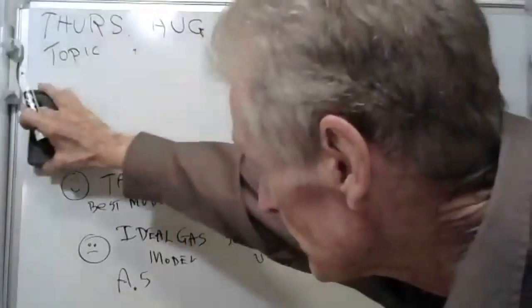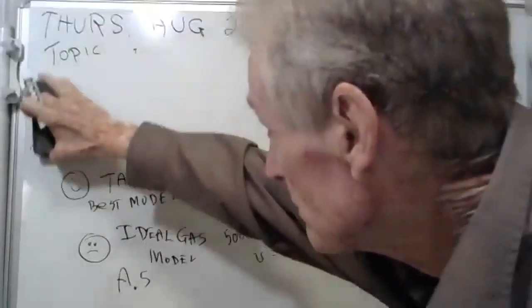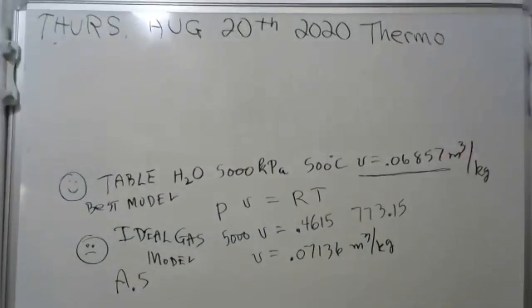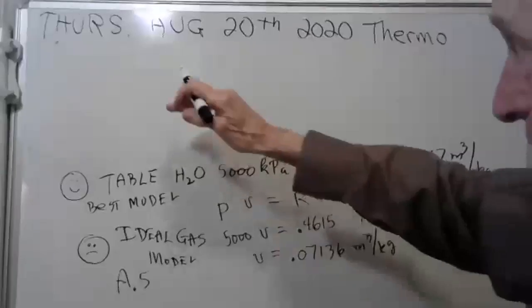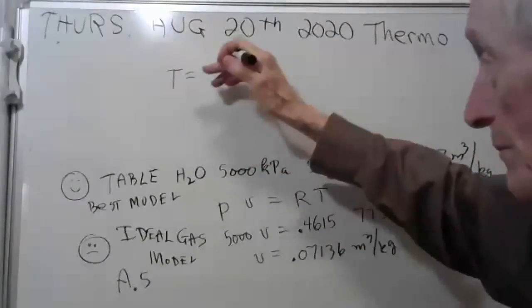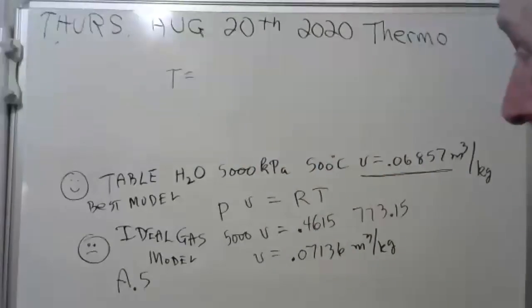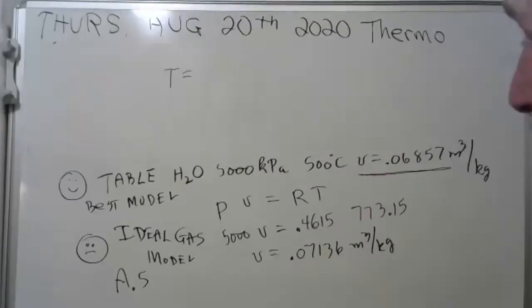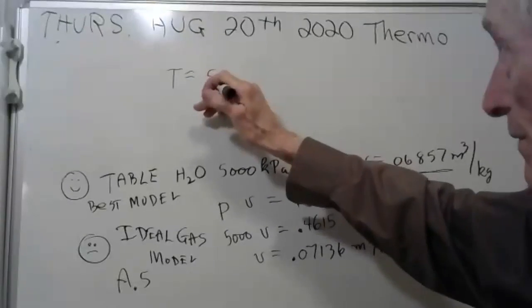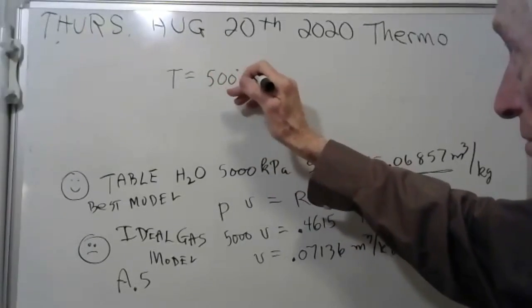Dr. Griffin, could you explain that 773.15? I forgot what that was. Oh, thanks for asking. Now the temperature is, I erased it, didn't I? No, there it is. 500 degrees Celsius.